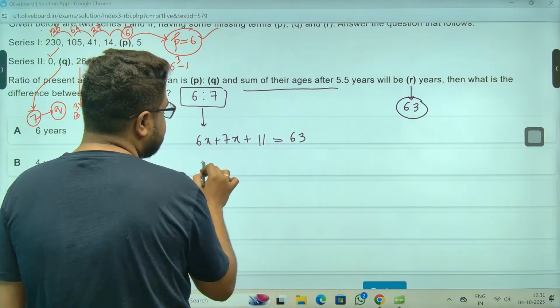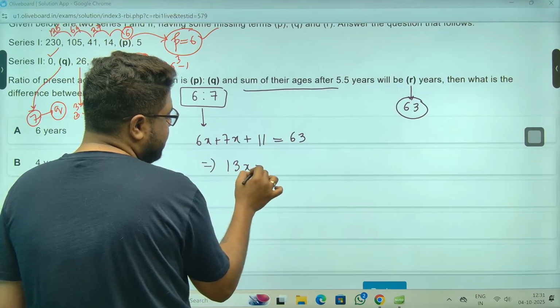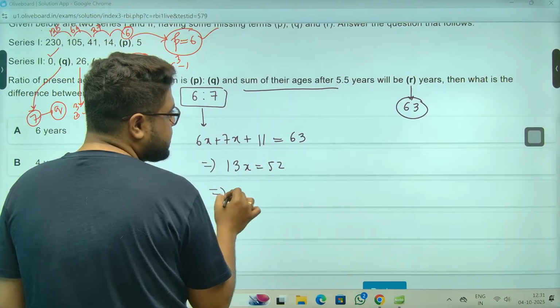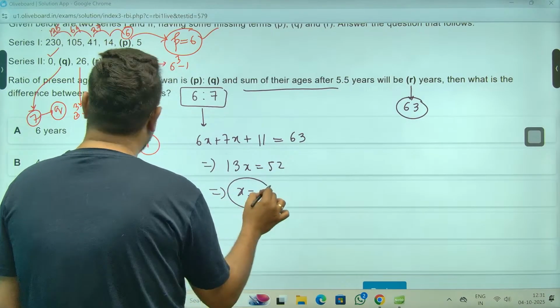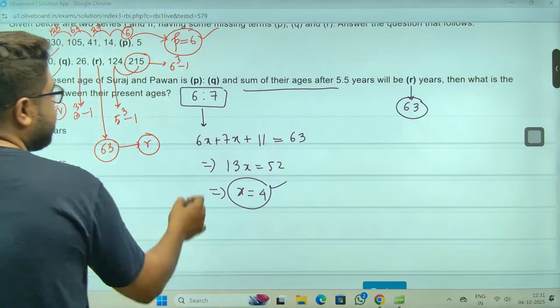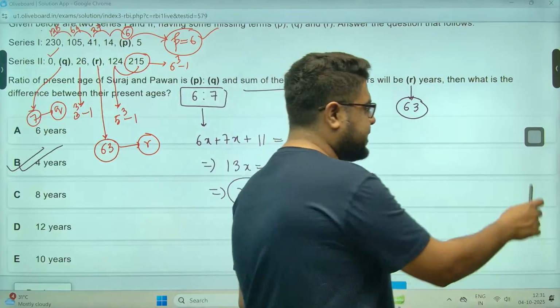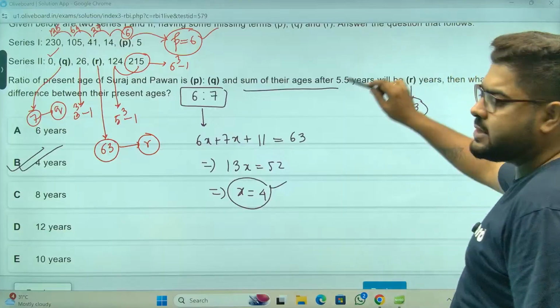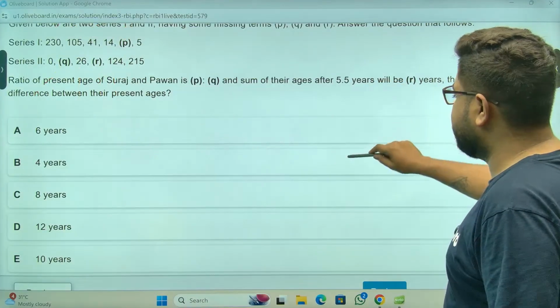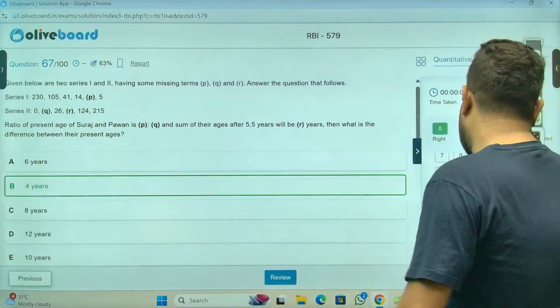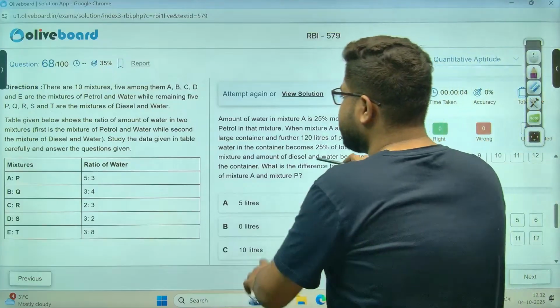That is 63. So this is 13x equal to 52. X is 4, sir. Sir, what is the difference between their present ages? That is X only, that is B, sir. Option B, which is 4 years, is the answer. Done, sir. Next one, next one.